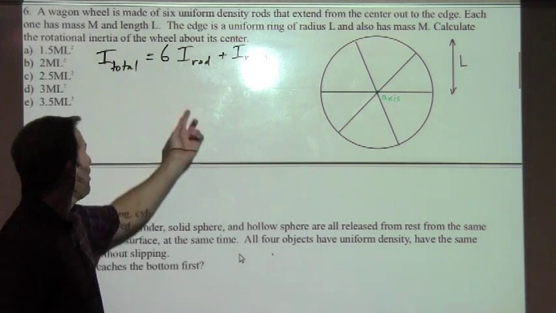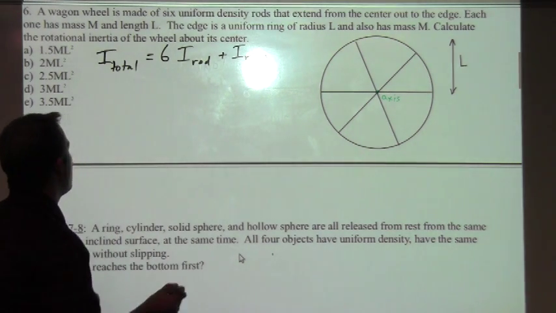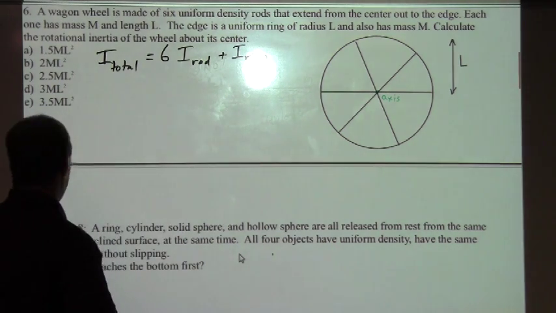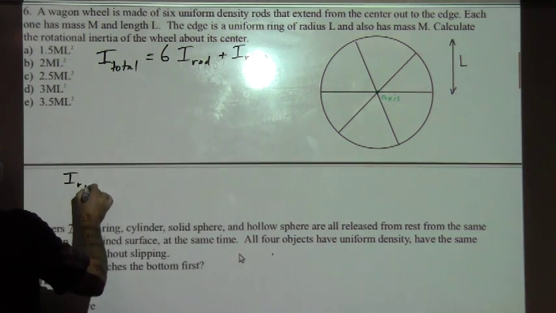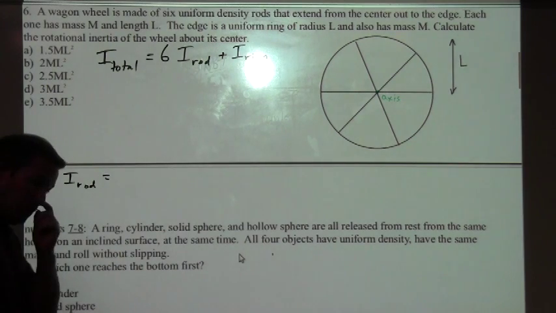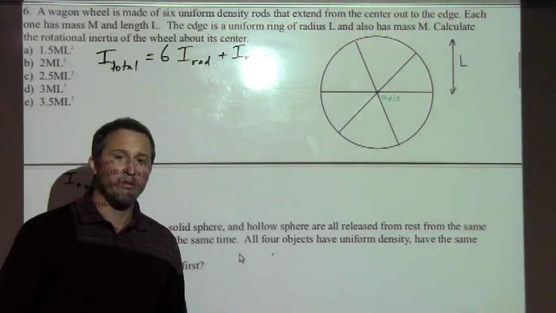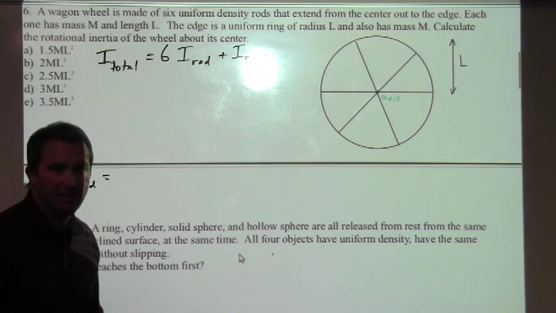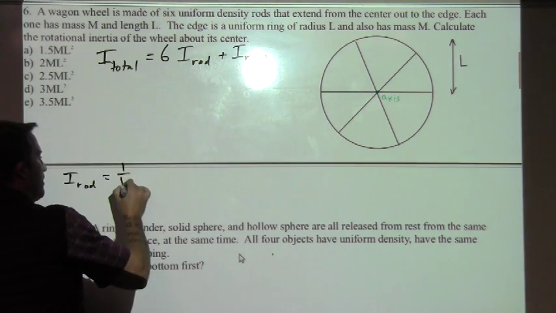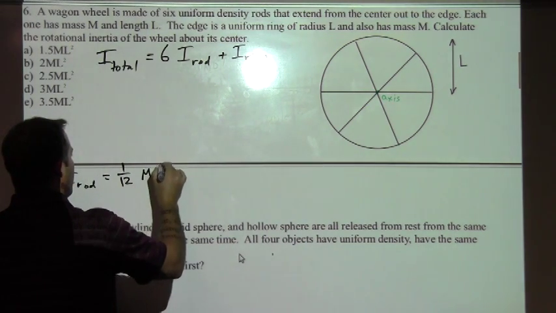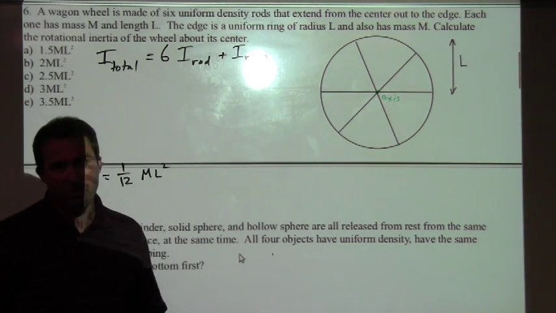Now let's start off by finding the rotational inertia of one rod. So maybe I'll make some room here. And if we look it up on the formula sheet or somewhere, what we'll normally see for a uniform density thin rod is 1/12 ml squared.